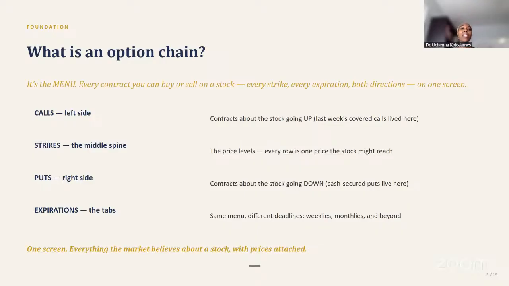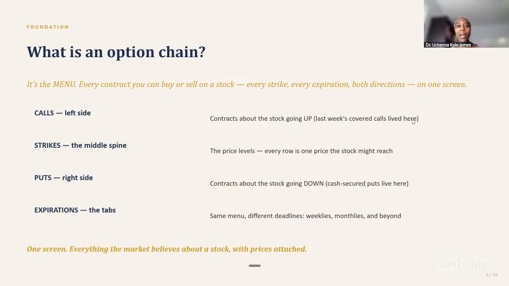You have the puts on the right side. That's what you buy when you think the market's going to go down. Or you could be a seller of calls and a seller of puts. Just remember, calls are on the left side, puts are on the right side of the option chain. And I'm going to give you a complete demo momentarily.